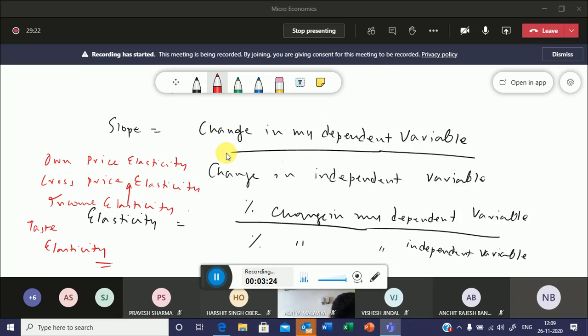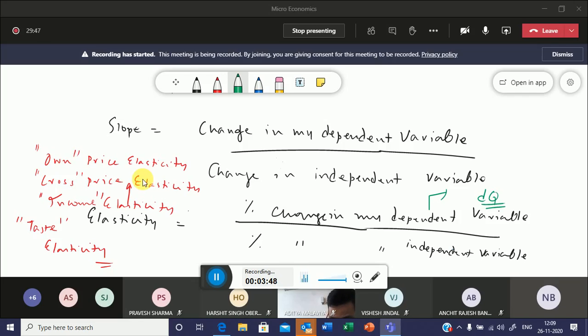So please note that whatever I am talking about, the only thing which is getting changed is the name in the denominator. What is not changing is my numerator, which is my dependent variable. This is the change in quantity, right?